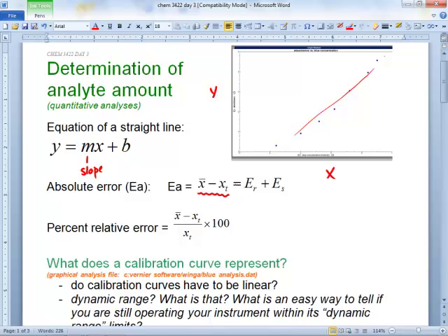It's the theoretical, you're right. It's theoretically true, right? Sometimes you know what the real true answer is, but very often it's theoretical, right? So this absolute error, EA, is equal to ER plus ES. John, what the heck is this? ER and ES?